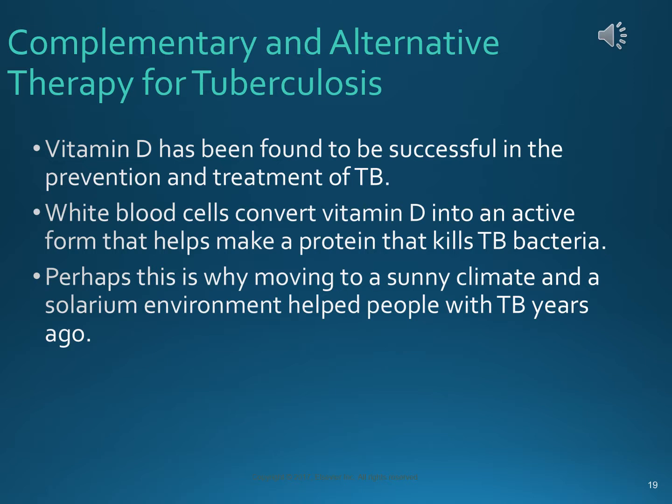So years ago, they used to have what they called TB sanitariums, and these were usually located in a sunny climate, and there was always a sunroom environment in these places. Maybe they didn't understand about the vitamin D, but they figured people got better in those sunny climates when exposed to a lot of sun. And so that's why they had the sanitariums with the solariums.